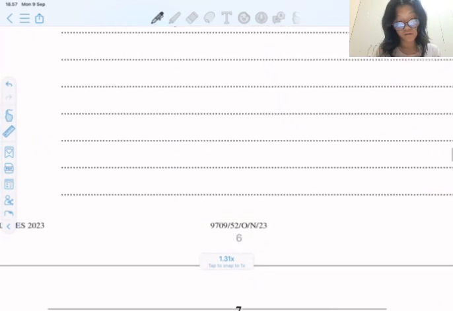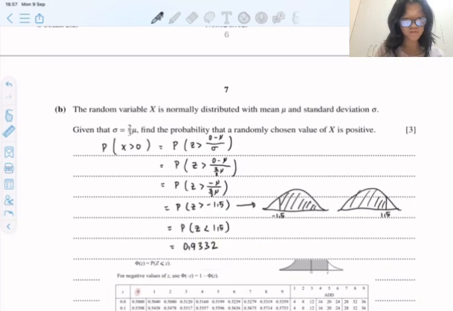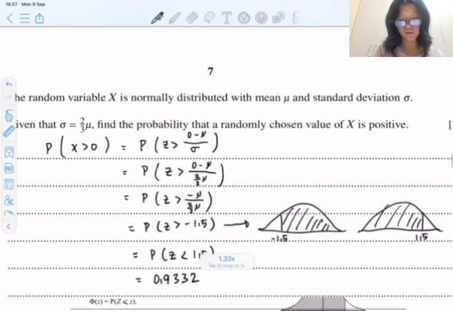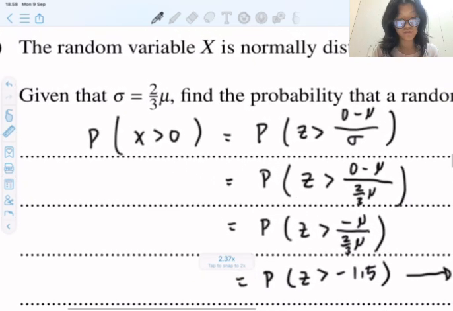Next, B. The random variable x is normally distributed with mean mu and standard deviation. Given that 2/3 mu, find the probability that a randomly chosen value of x is positive. So probability x is greater than 0.